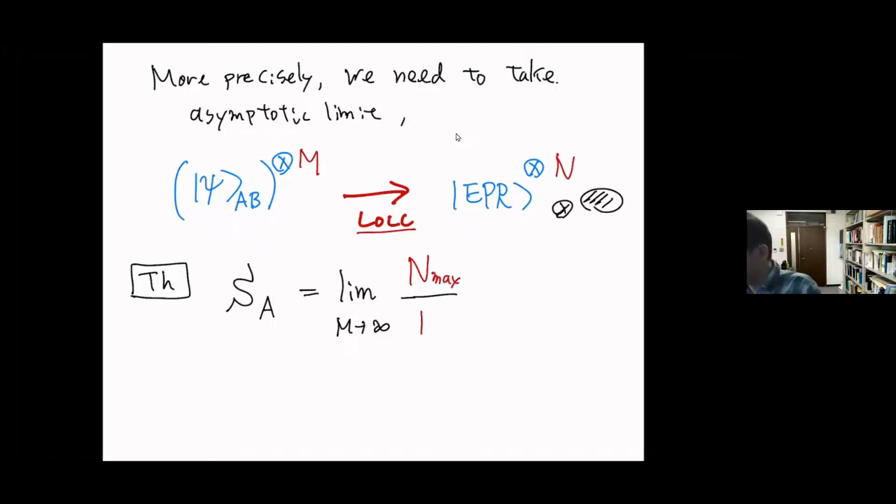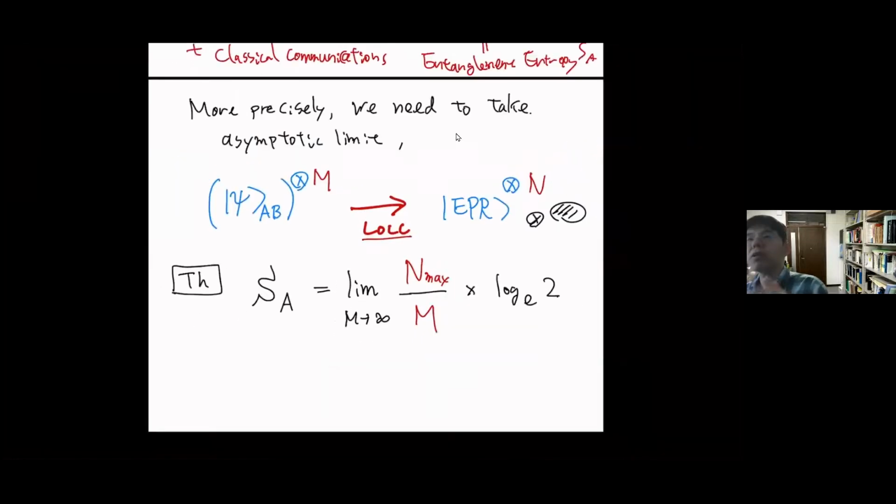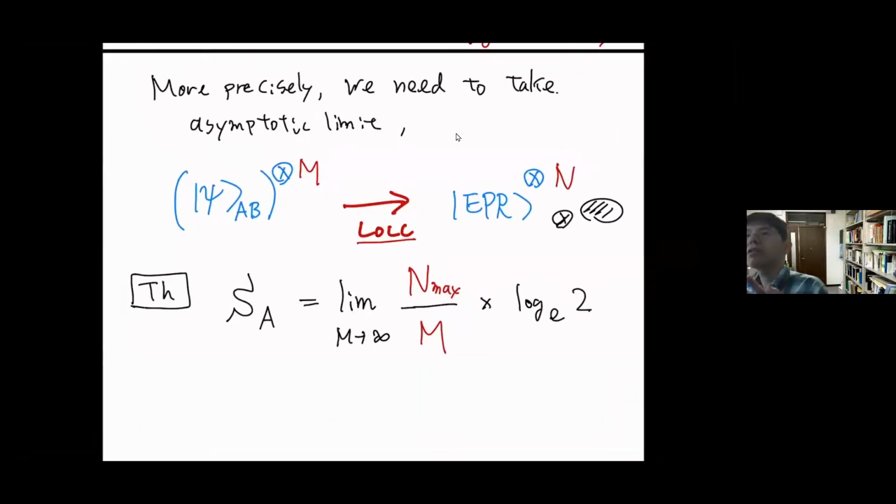We just pick the best one, and we take the average number of EPR pairs, because we are only interested in the entanglement of each state, not M copies. So we have to divide by M. Then you can show that, up to some small deviation which just comes from the base of the logarithm. I'm talking about an EPR pair of one qubit, 0 and 1, two states, but we usually use e for the base of the logarithm.